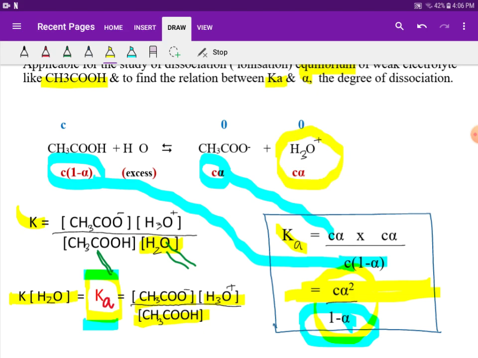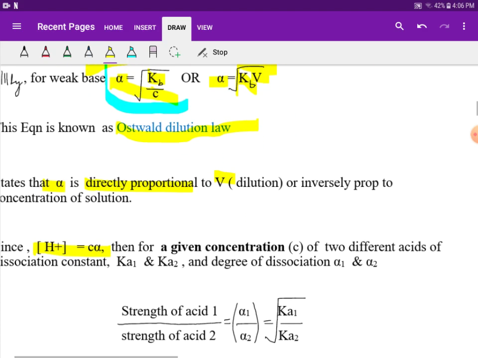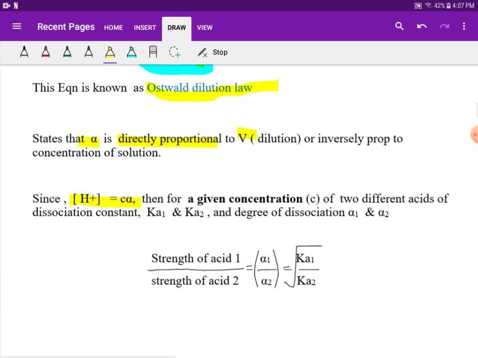It depends on the degree of dissociation into its initial concentration, because it is weakly ionized. Therefore, at equilibrium, the concentration of the H plus ion is equal to C alpha. That is very important. The concentration of H plus ion present in the aqueous solution of a weak acid is equal to its initial concentration into the degree of dissociation.